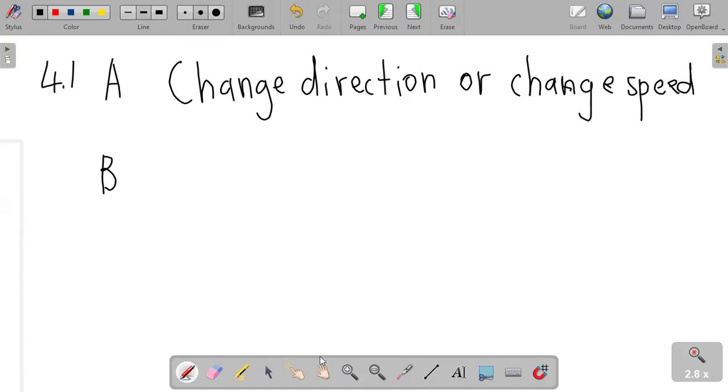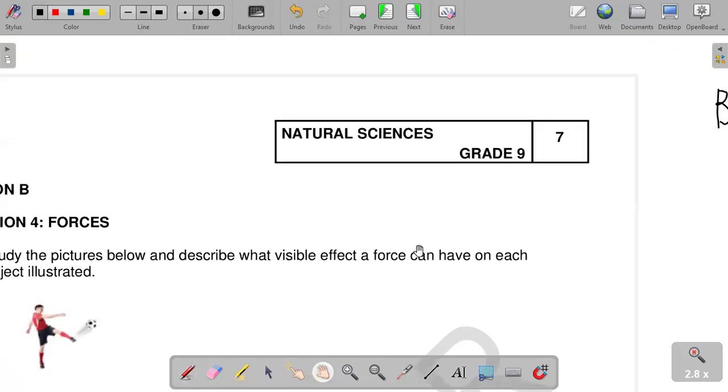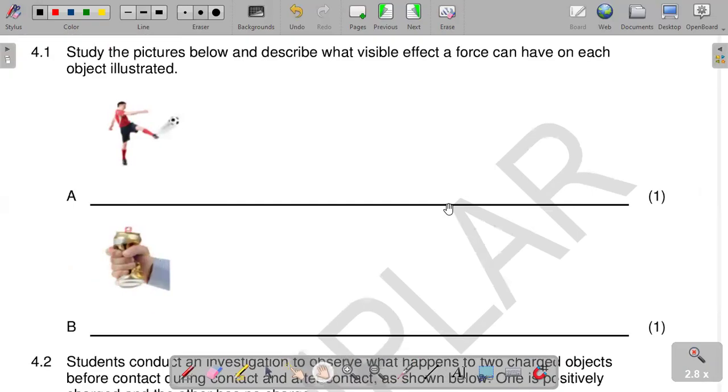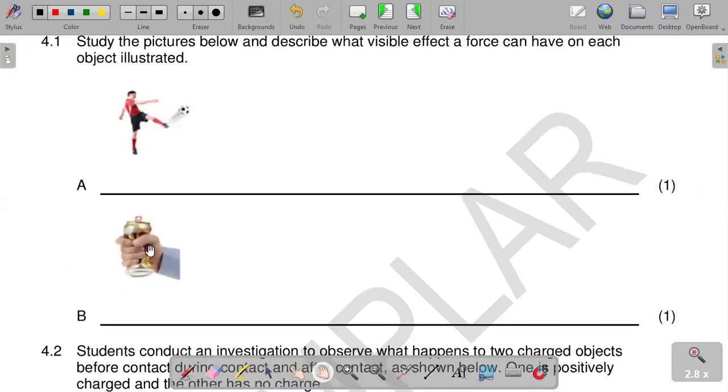And then for B, what's happening? For B, we have an arm, and the arm is squashing a can here. So this is a squashing hand.